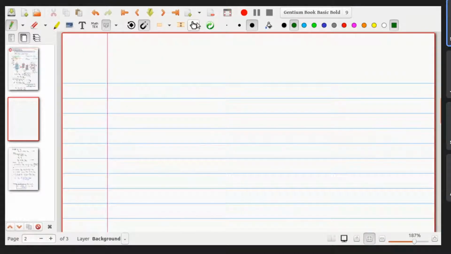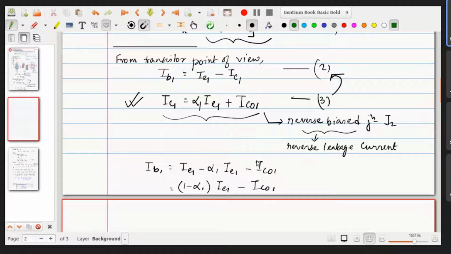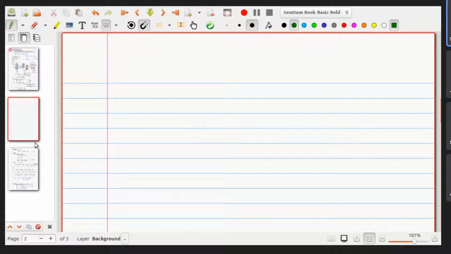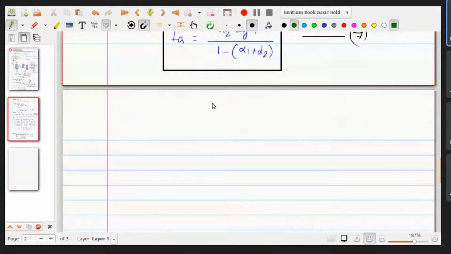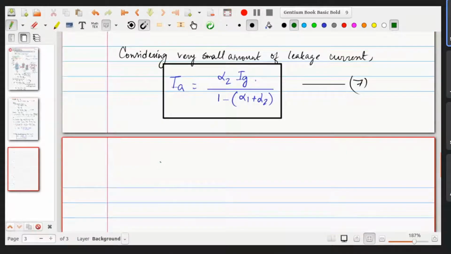So this is a summary. As a sum up, from this particular discussion, if alpha 1 plus alpha 2 tends to 1, the device is triggered, because that is going to initiate the anode current to reach an extremely high value.